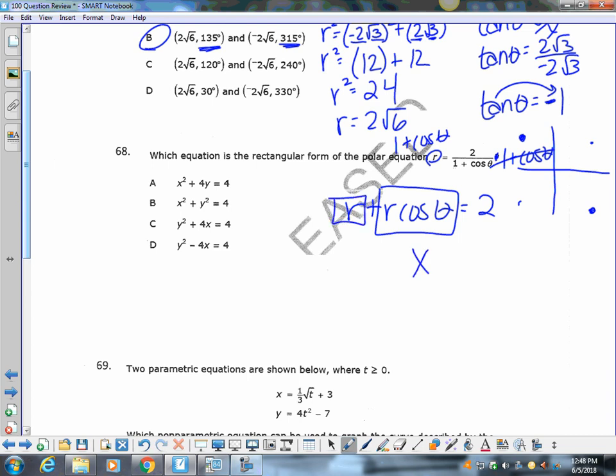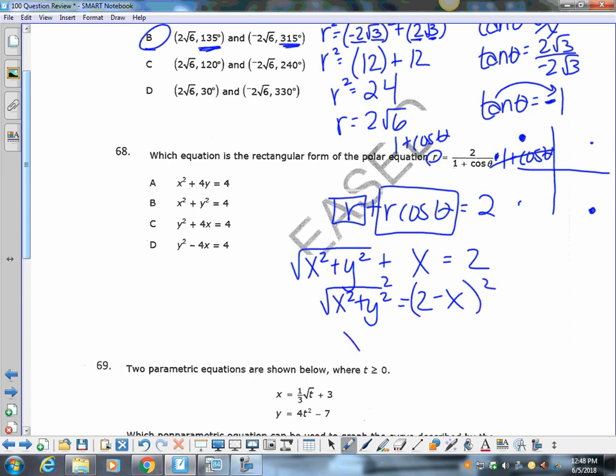I'm going to replace the r, and then I'm going to isolate that guy. Oh, no, sorry, that's backwards. And then I'm going to square both sides. So these are going to fall down. That's going to give me that.